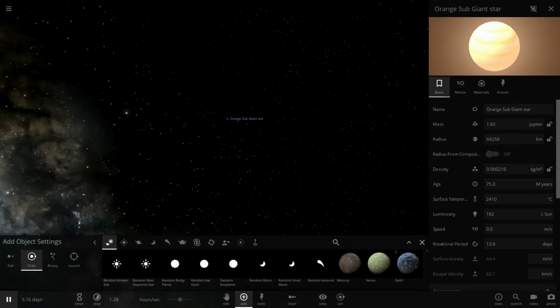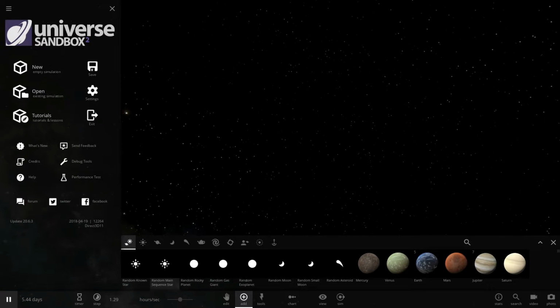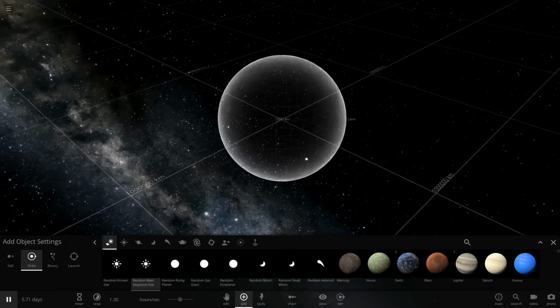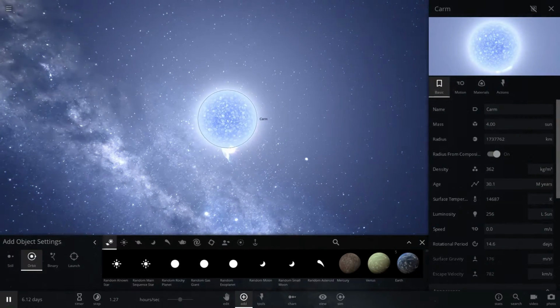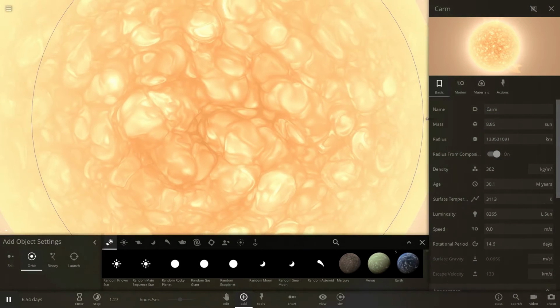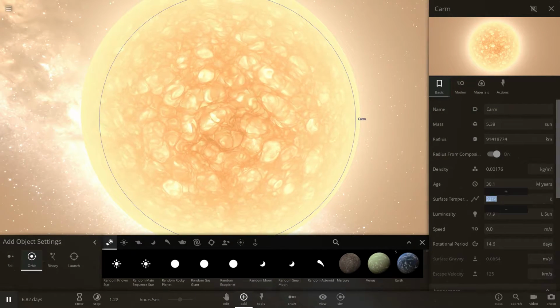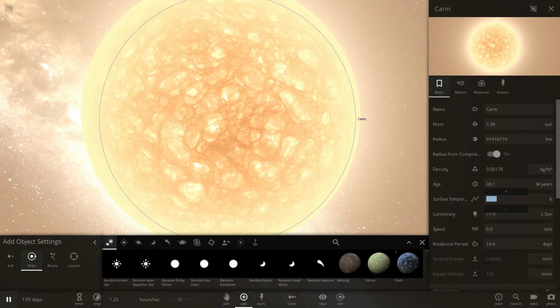And it shrinks down to an absolute pinpoint. But basically, an orange subgiant is a red subgiant, but a lot more... We're going somewhere. Just carry on doing this.